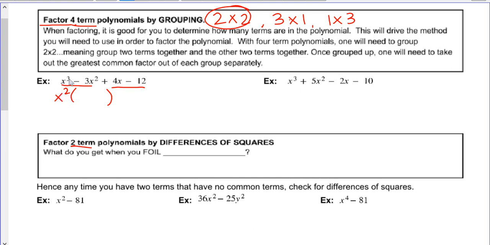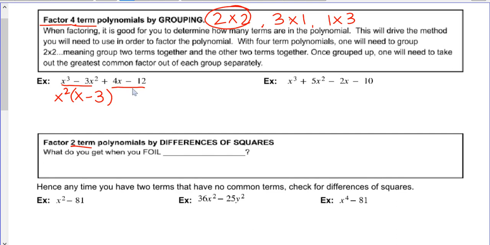X squared times what is x cubed? I hope you tell me x. Minus x squared times what gives me a 3x squared? Well, I'm hoping that you realize that 3 is the only thing that's left over. So hopefully, in this type of problem, we're wanting this expression to be what's in common. So out of these 2 terms here, I'm hoping to get this x minus 3 in this set of parentheses.